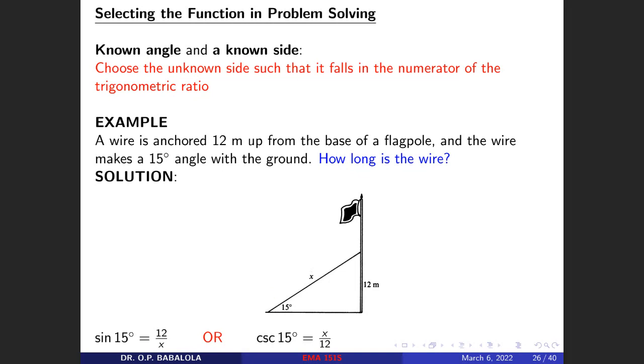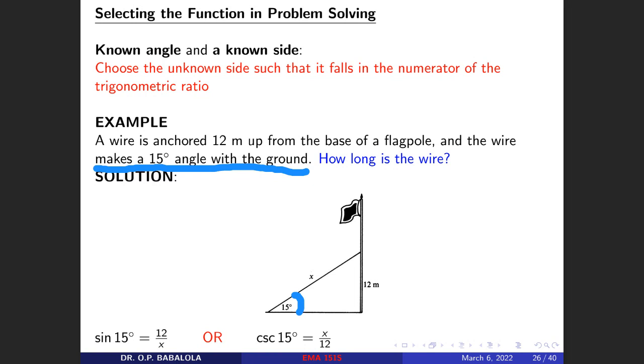It's very important when you're given information such as it makes a 15-degree angle with the ground. That means the angle that this wire X makes with the ground is 15 degrees. Okay, if you miss that information, you may have your solution wrong.